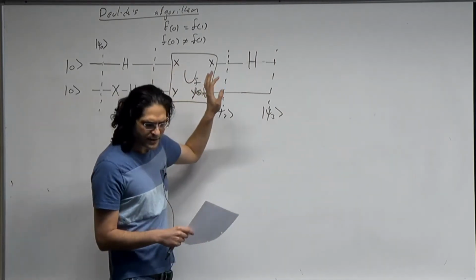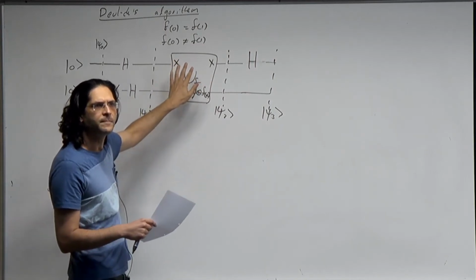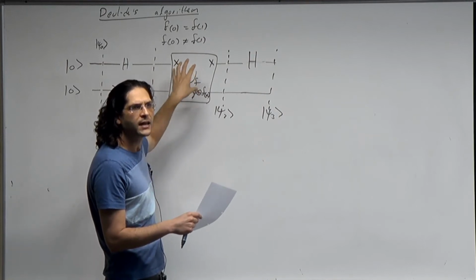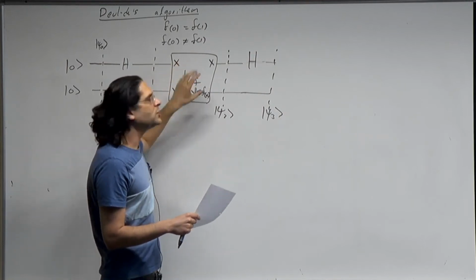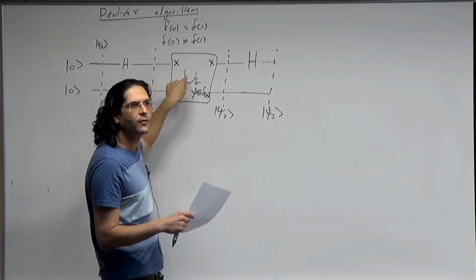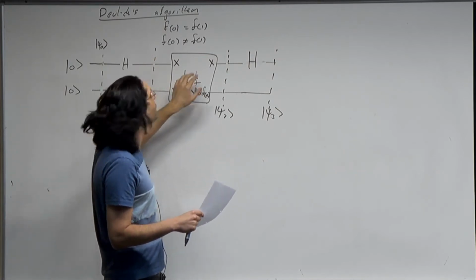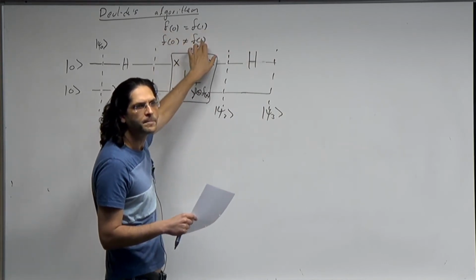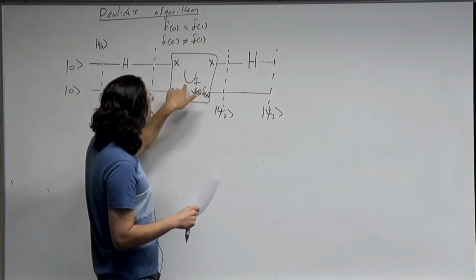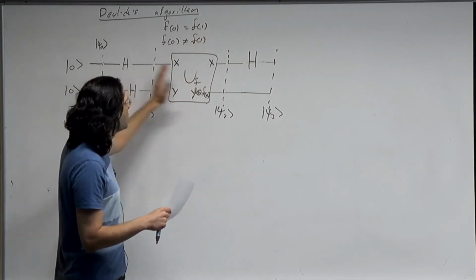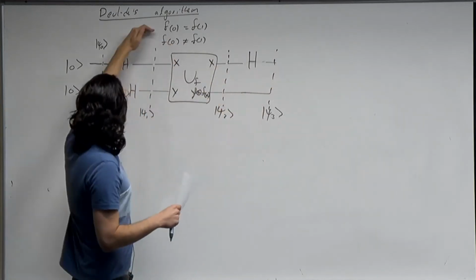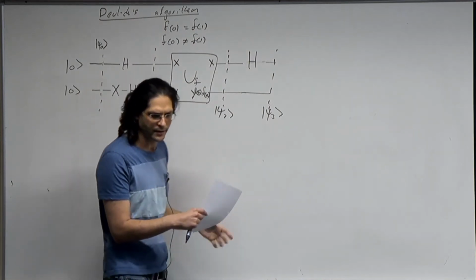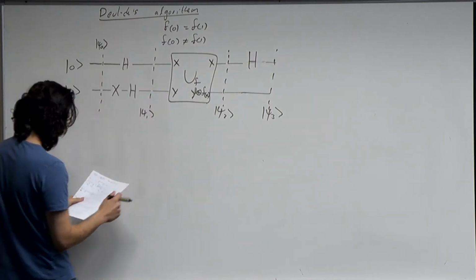But let's say Noah doesn't know what U of f is, and wants to know what f of x is. If this was a regular computation, she would need 2 calls of this U of f in order to figure out if f of 0 equals f of 1, or f of 0 does not equal f of 1. What we're going to show here is that with 1 call of this U of f, meaning with this circuit, we can figure out which case we are in. Does that clear up the problem? All right, there are 2 nods. 2 nods is good enough.